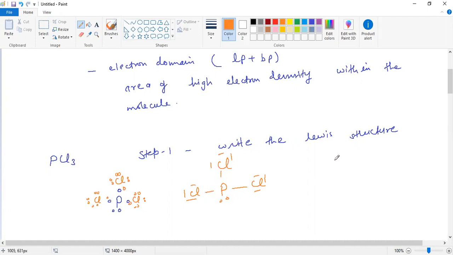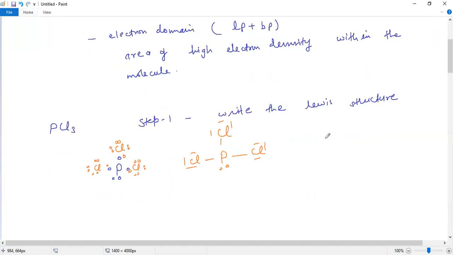Here we should keep in mind that it's always the central atom. So it's important to note down, with respect to the central atom, we predict the shape.